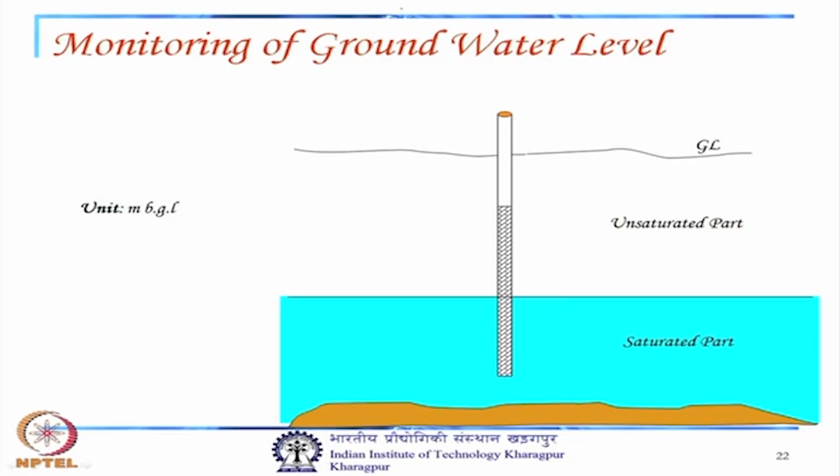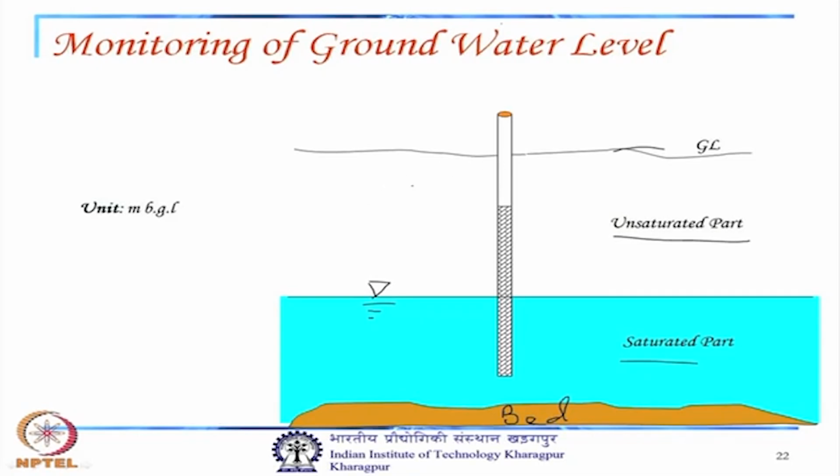Let us say this is our GL value, GL, and this is the unsaturated part of the aquifer, this is the saturated part, and this is basically our bedrock. And this is our groundwater level in the aquifer.